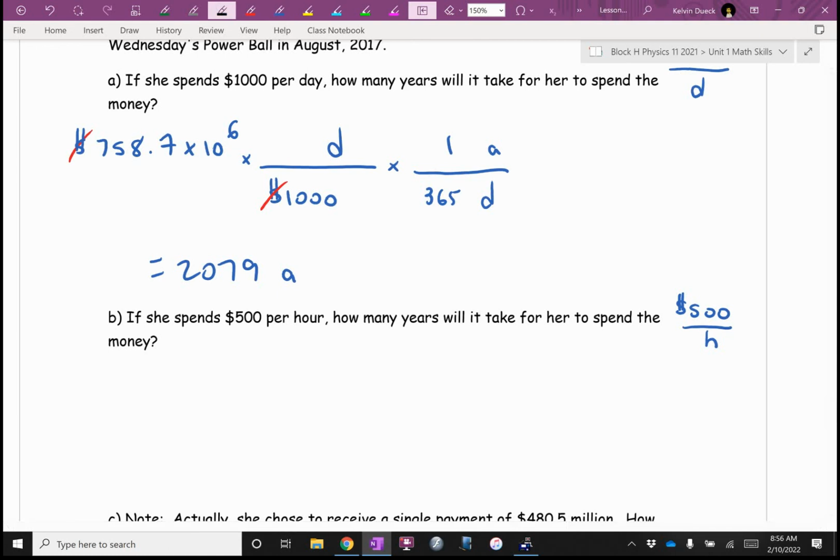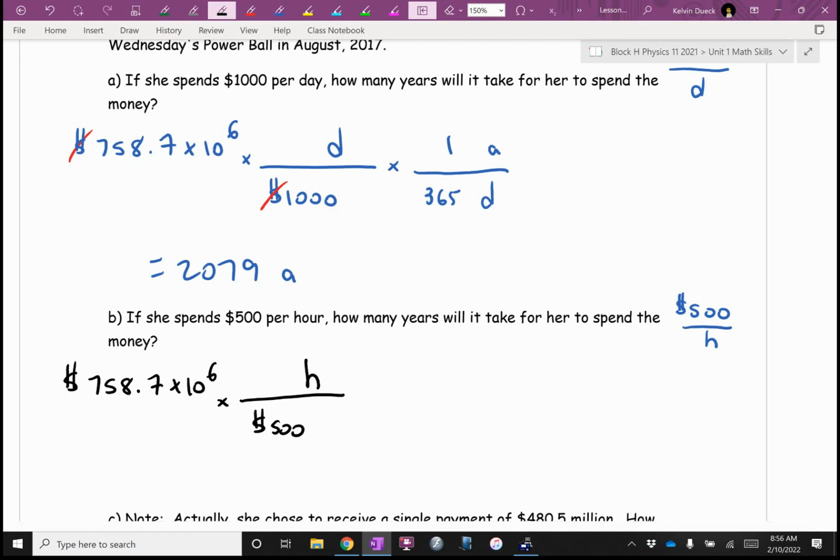Okay, I'm going to write down what they gave me, which again was $758.7 million. I want dollars to cancel, so I think the 500 has to go down there, and the hours has to go there. If I stopped here, this would tell me how many hours.